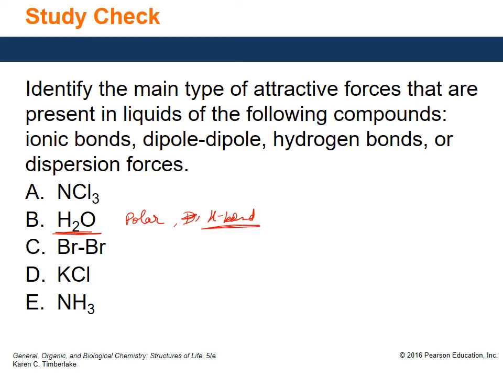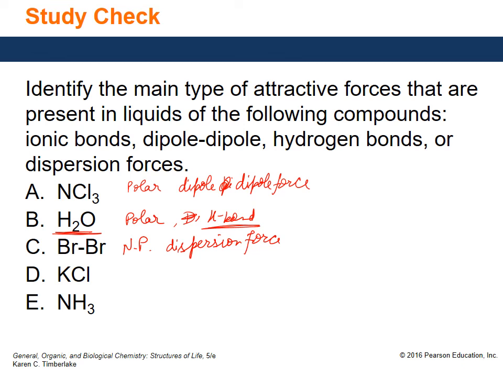How about NCl3? NCl3 is also a polar molecule, so this will consist of dipole. When you're looking at molecules like this, you're basically looking for the force which is more prominent. So dipole-dipole force. When we look at Br2, this is a non-polar molecule, so a non-polar molecule only consists of dispersion force. Okay.